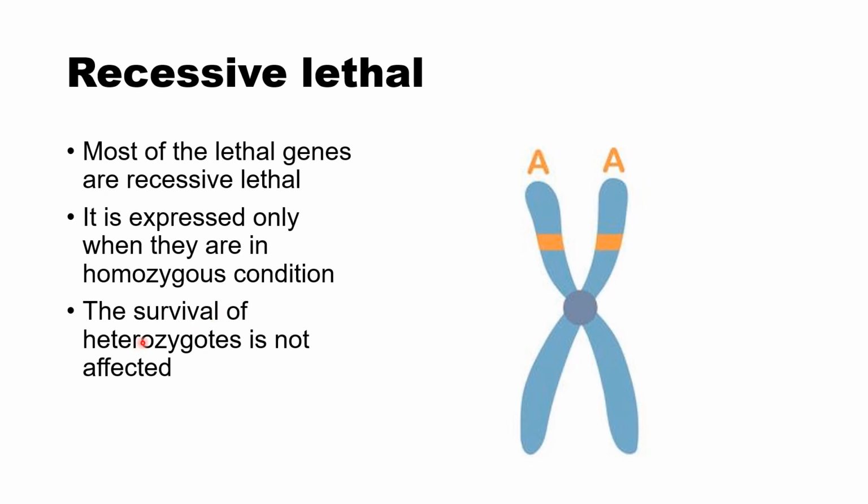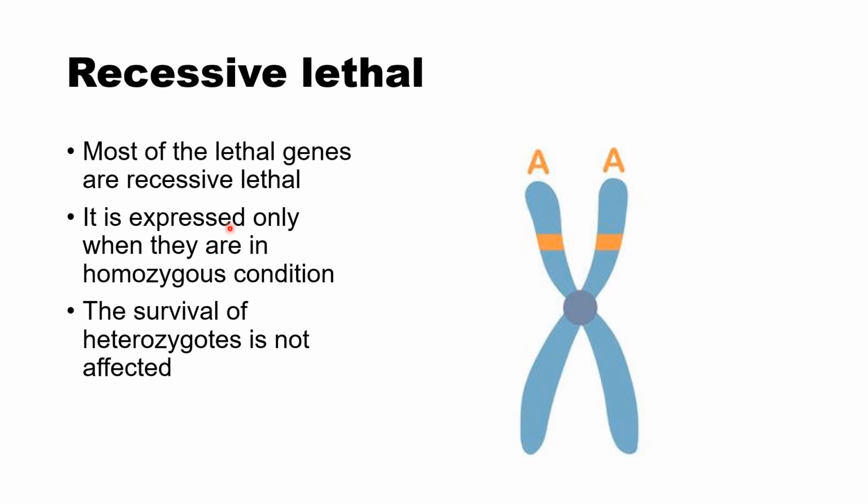So meaning, itong recessive lethal lang, na-express lamang if nasa homozygous condition yung gene ng isang individual. So meaning kung homozygous pareho yung allele doon sa gene, pwedeng parehong dominant or pwedeng parehong recessive. So doon lang magte-take into effect yung recessive lethal na tinatawag.